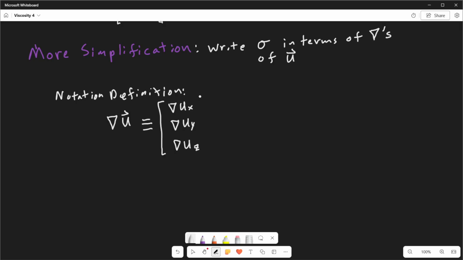Which basically means that this vector actually expands outwards to a matrix. So this goes to basically three components.